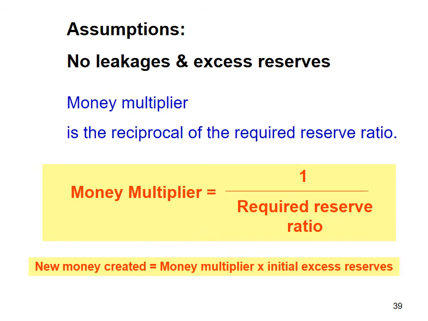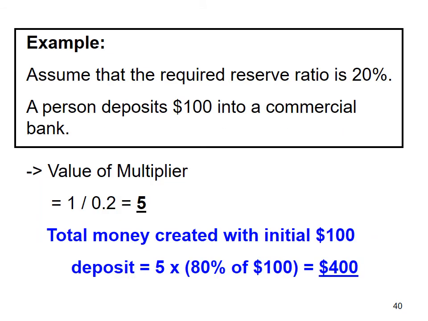Let's have an example, which is clearest that way. Assume that the required reserve ratio, the triple R, is 20%. What happens when a person deposits $100 into a commercial bank? The value of the multiplier, we use the formula 1 over required reserve ratio.